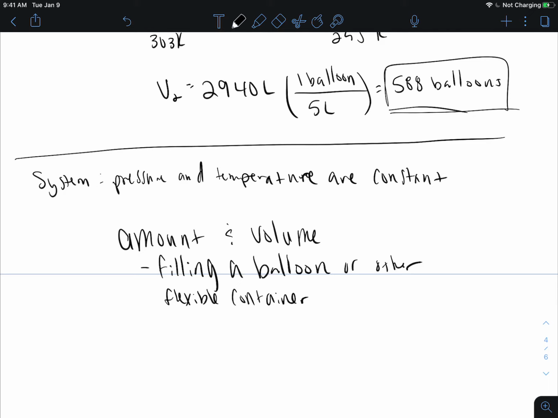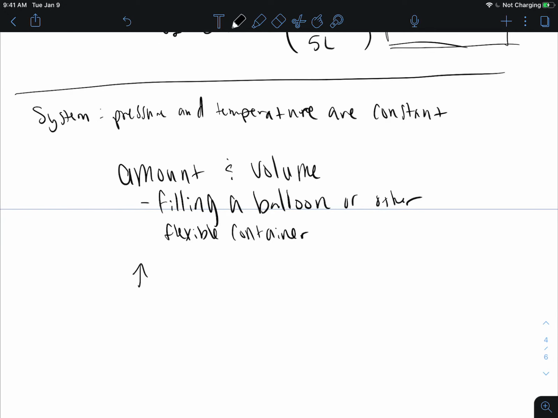So hopefully, as soon as you think about filling up a balloon, as many people have done, you think about the volume increasing. So as you increase your number of moles, where n, little n, is moles, that will increase your volume.